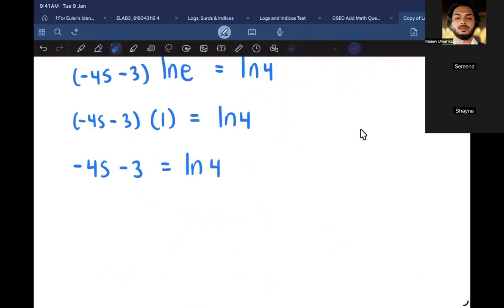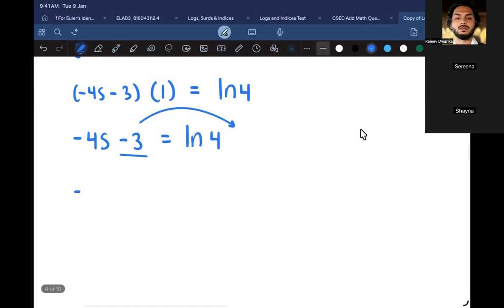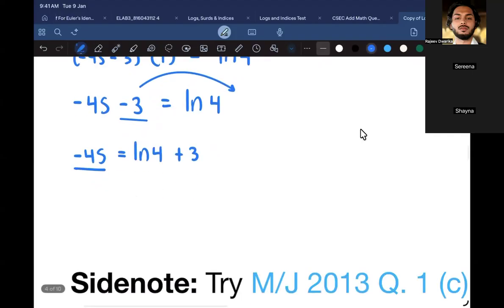So Serena, this is a regular algebra question. Ln 4 is a number. Watch. So what I would do is I would just take the -3 and move it across. Oh, okay. So that'll be minus 4s is equal to ln 4 plus 3. And then I want to find s. So I would divide both sides by -4. Okay.